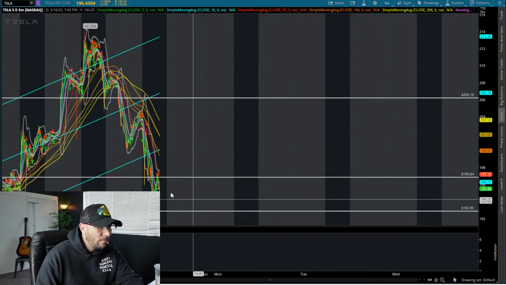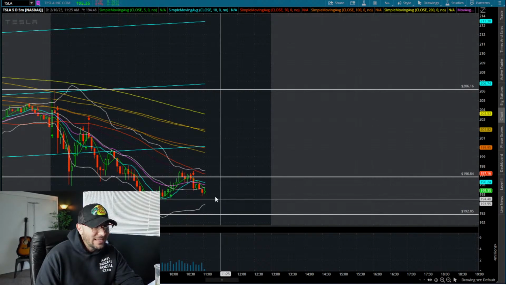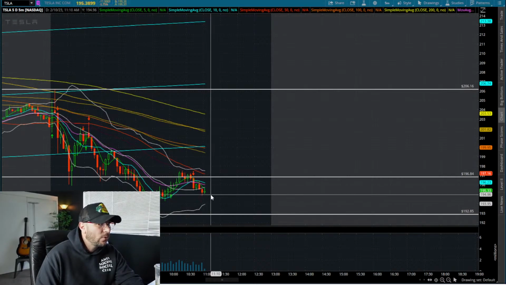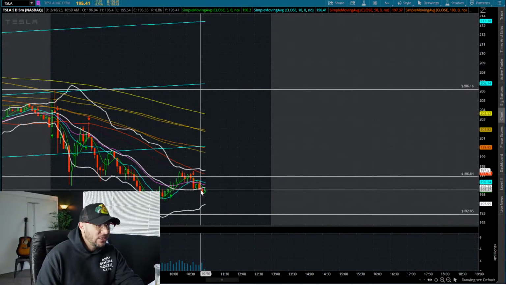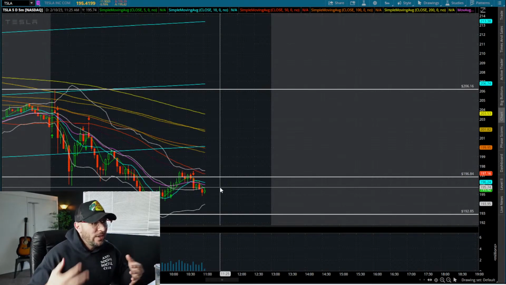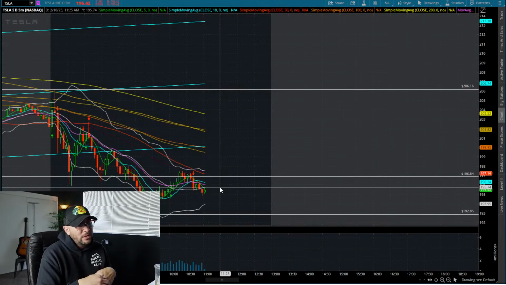Let's go back to this Tesla trade here, still getting rejected and bumping its head at the 5 SMA. So just looking for this candle to see where it closes. Probably just exit my position here. It's the only reason why I don't do so much live trading, because once I start talking, you get confused and you have to go back, and you want to make sure you have the right stop loss in place.